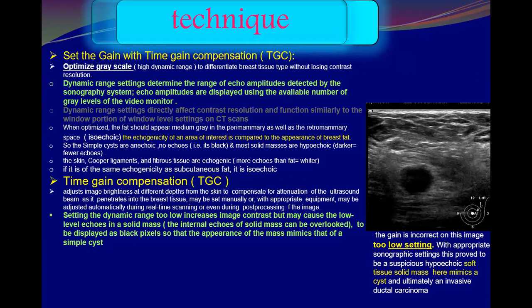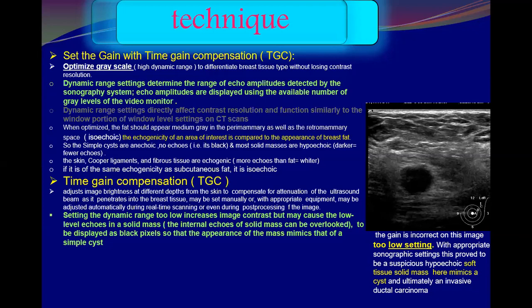So we have to adjust this dynamic range to have the fat at the medium gray. What is the significance of that? If it is low, it will result in an inappropriate image and inappropriate characterization of the lesions. If it is high, it's also the same.